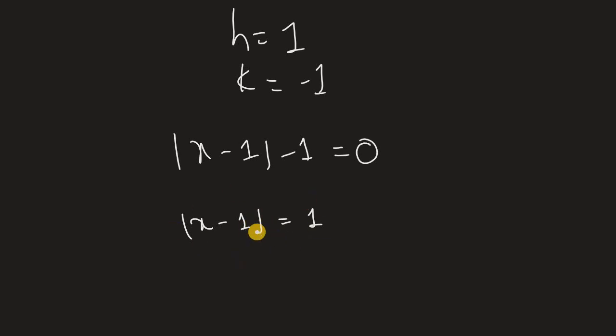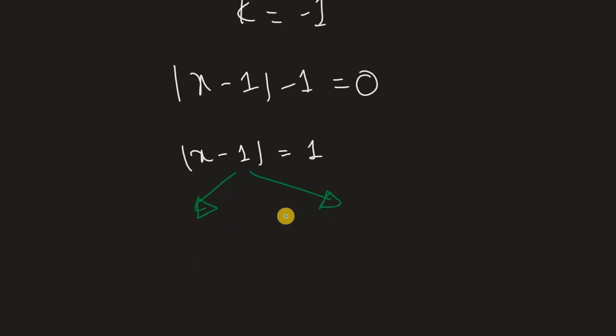Now, since it's an absolute value, you cannot simply cancel it out. You need to have two options for the absolute value, one negative and one positive. Always remember that.